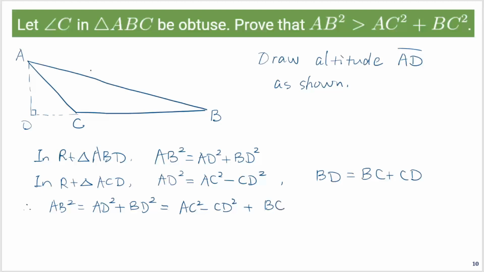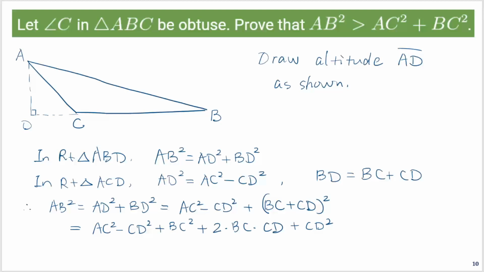Therefore, we have plus (BC plus CD) squared. And expand this right side. This gives us AC squared minus CD squared plus BC squared plus twice of BC times CD, right? Plus CD squared. Then that cancels a CD squared there.